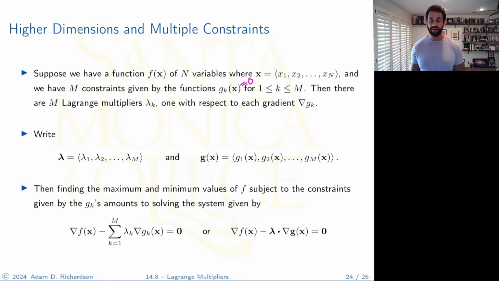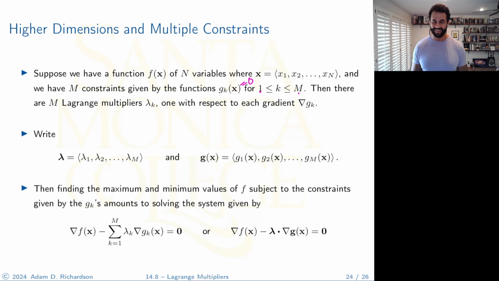So you have one constraint equation for each k going from 1 to m. Then there are m corresponding Lagrange multipliers, which we'll call lambda sub k, one for each gradient of each g.